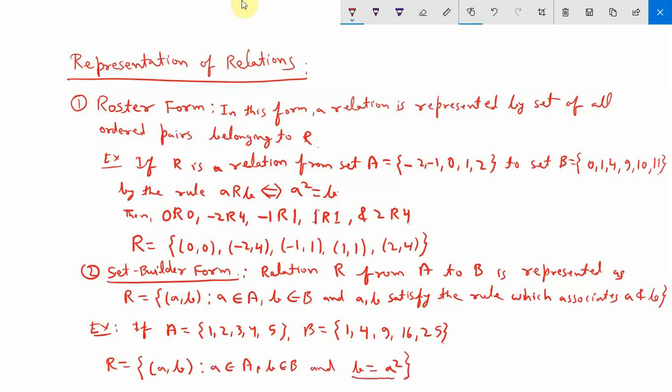So b equals a squared shows the relation between a and b. So this is the set builder form. Next, we will see another representation, which is the arrow diagram. So let me clean this. The third form is the arrow diagram.